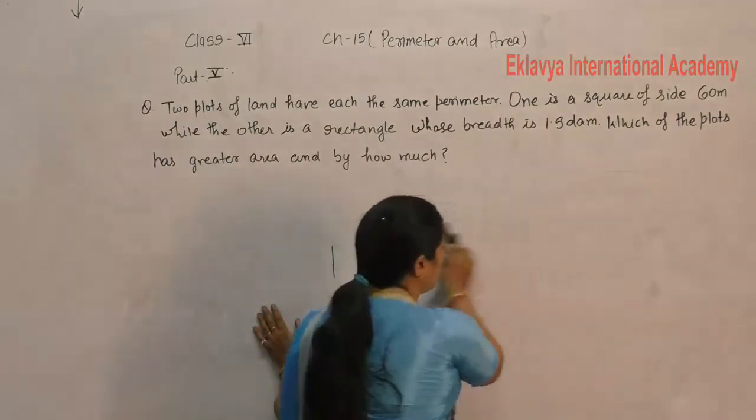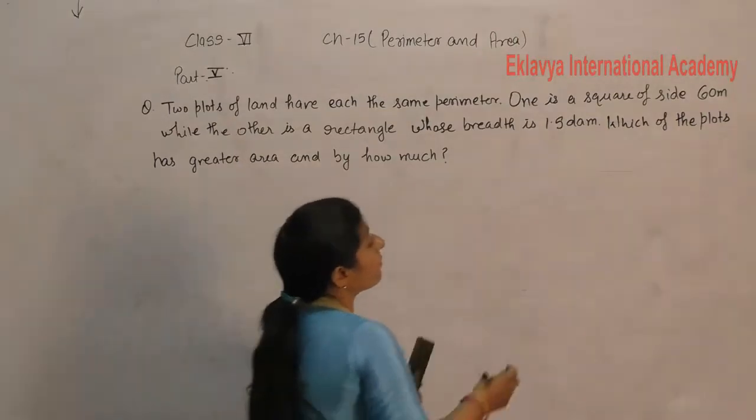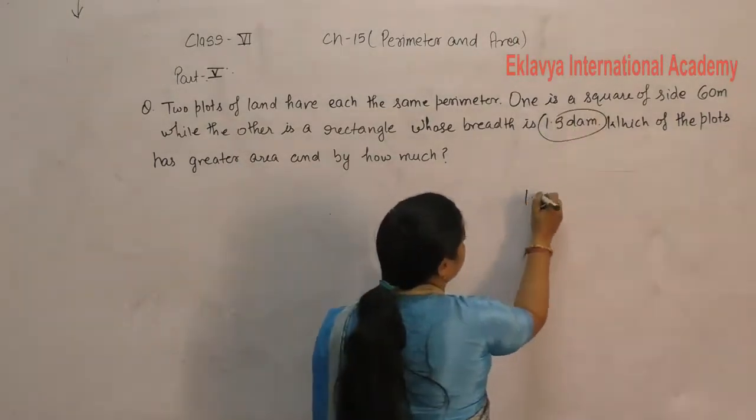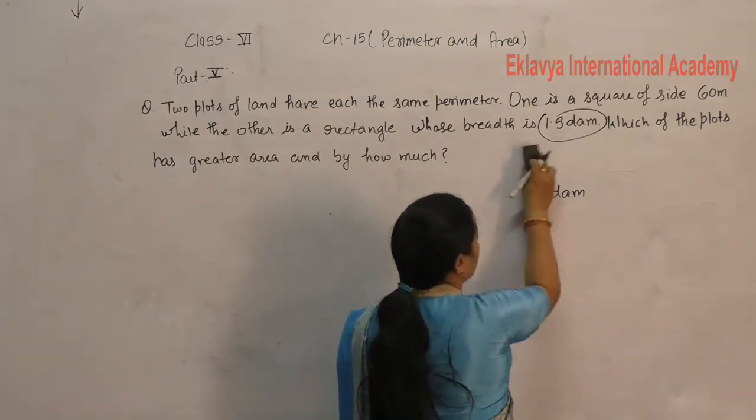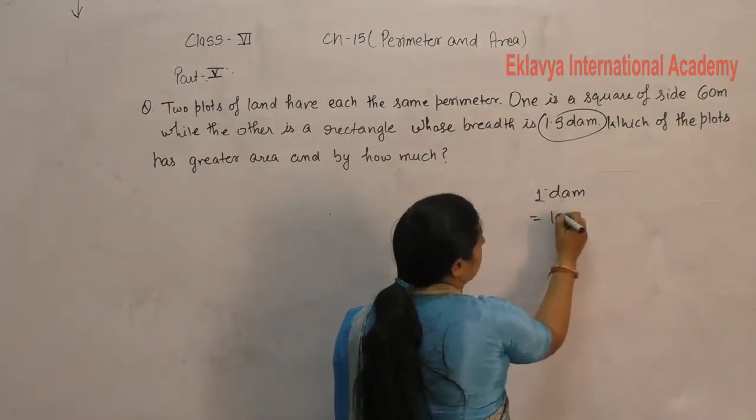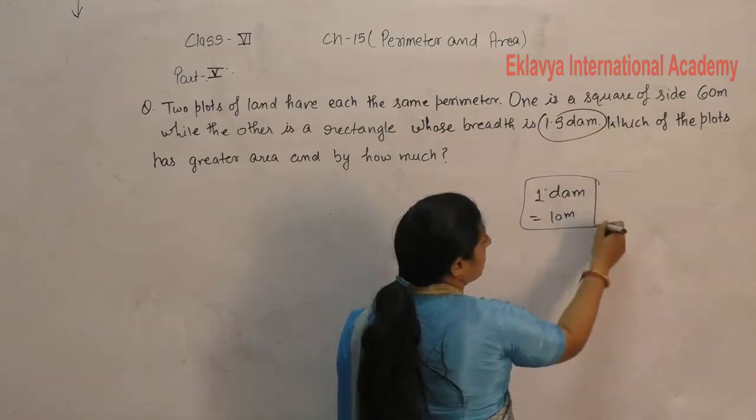One more unit here, 1.5 decameter. 1 decameter is equal to 10 meter, so we will convert into meter.